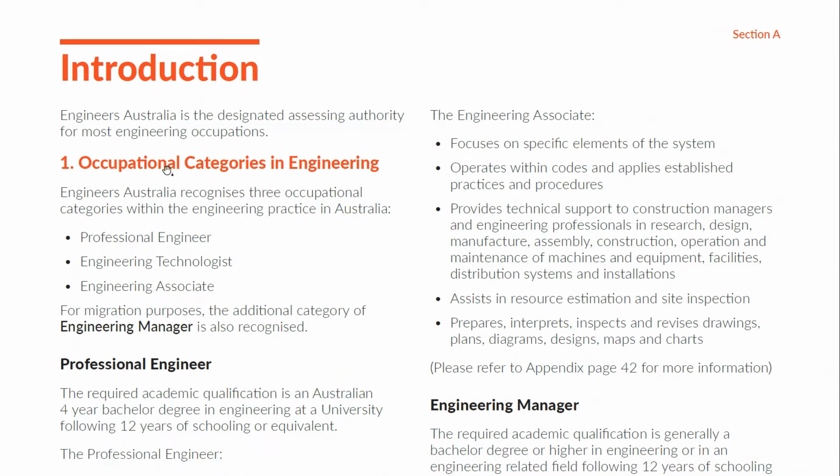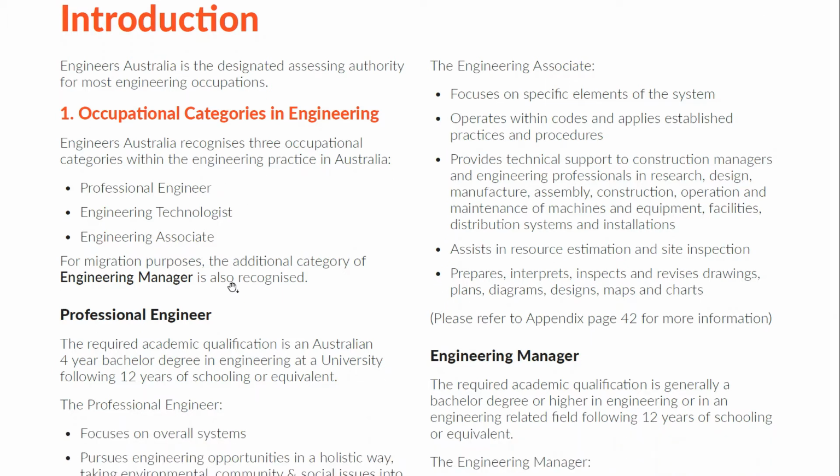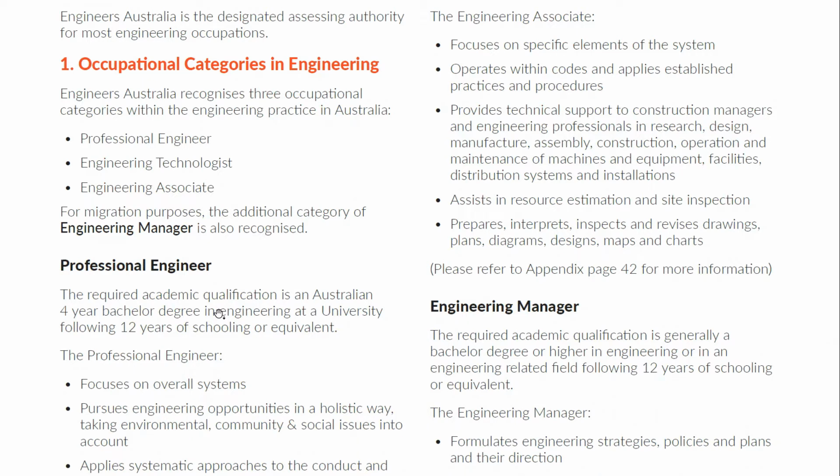They are the designated authority for most engineering occupations for those who want to apply for migration through Engineers Australia. There are three types of engineers: professional engineers, engineering technologists, and engineering associates. They already define all three categories here. That depends upon the number of years of your study.